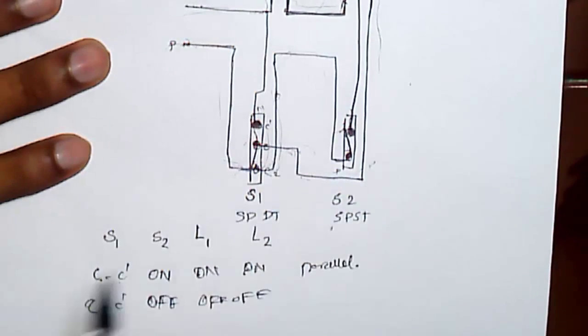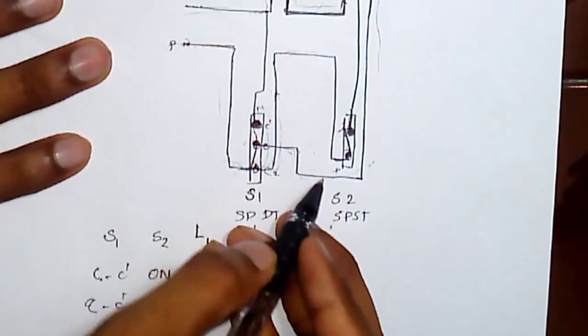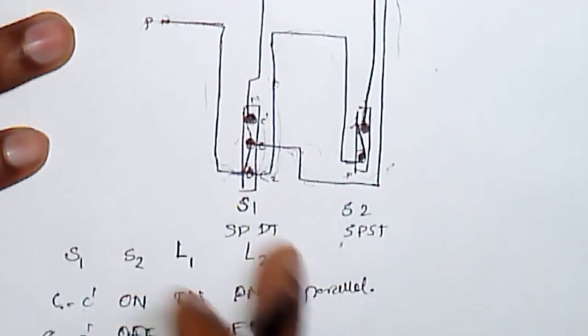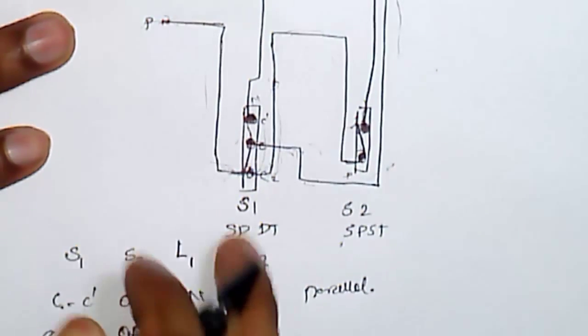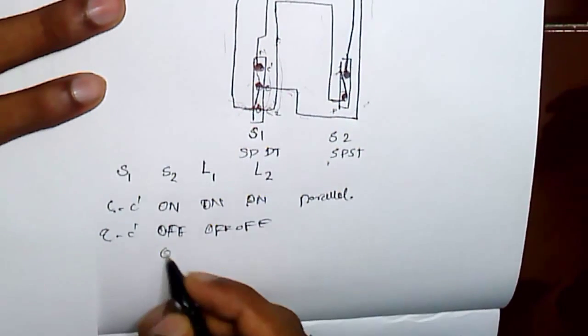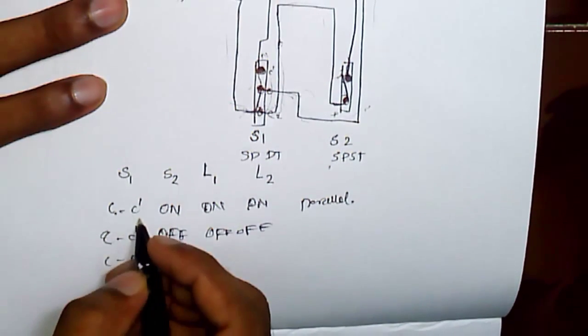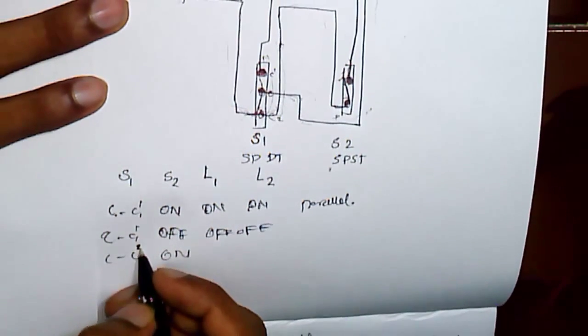Now the third one: switch S2 is closed, and the SPDT switch S1 is at position C2 dash.